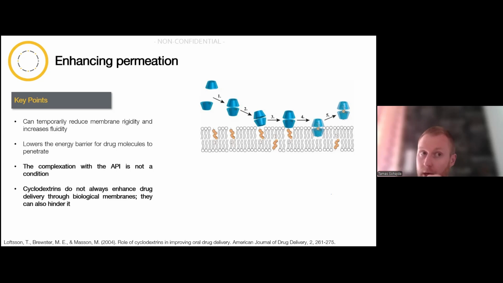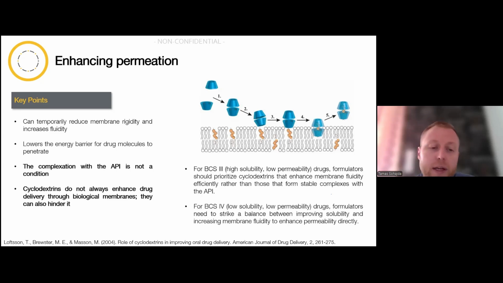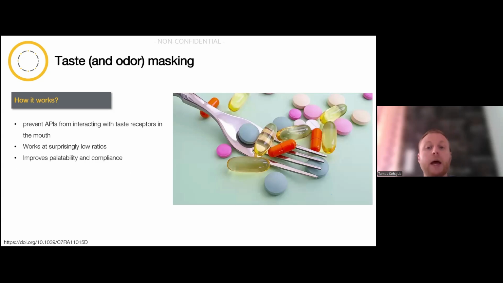So if you want permeation enhancement, you have to design a formulation so that there is a high local concentration of the cyclodextrin, which can be achieved, of course, but this is not natural for the cyclodextrins to bind to the membrane. So that's about permeation enhancing effect and how it can be used with cyclodextrins.